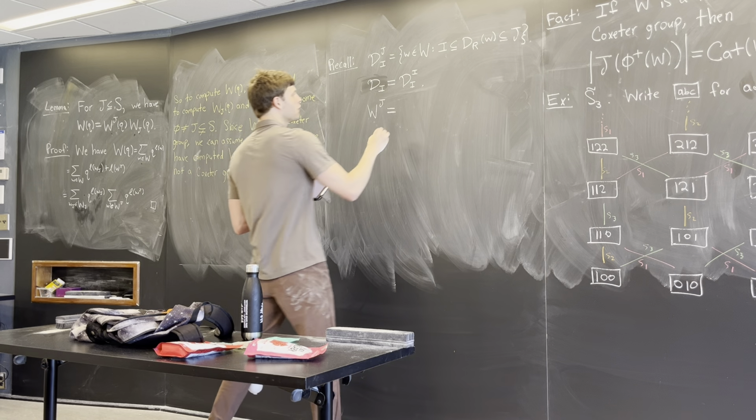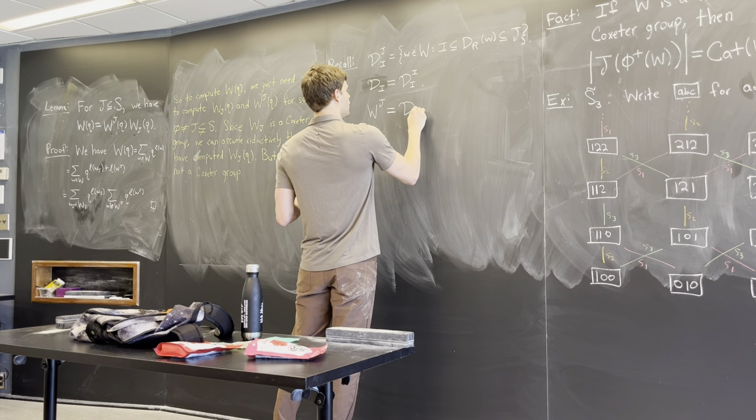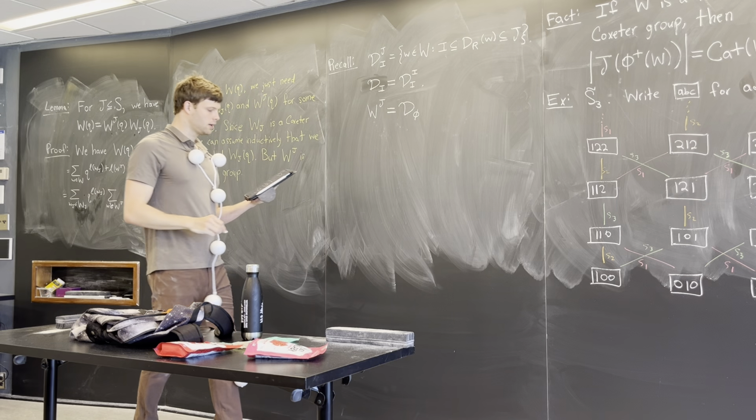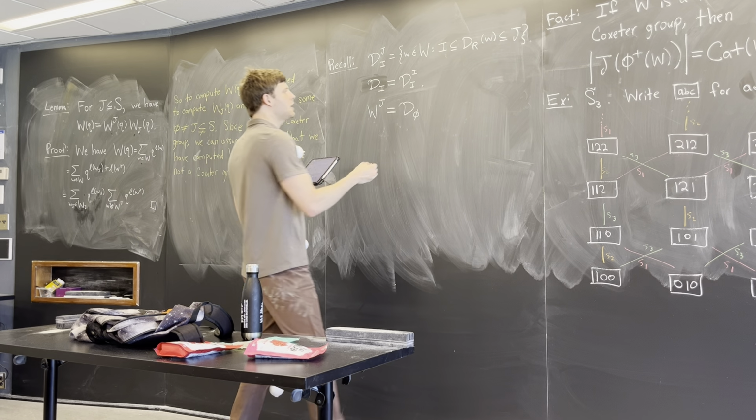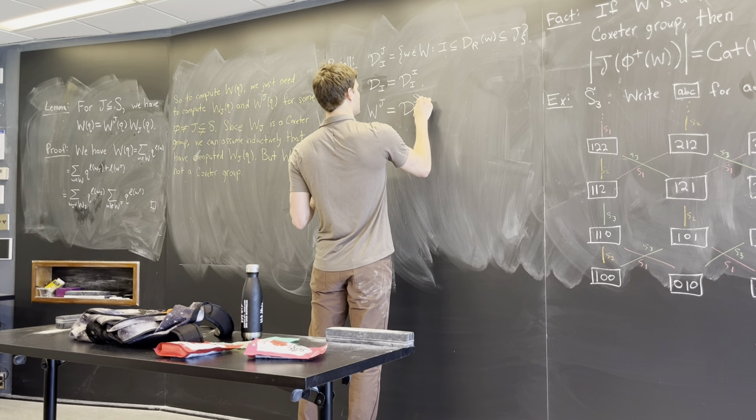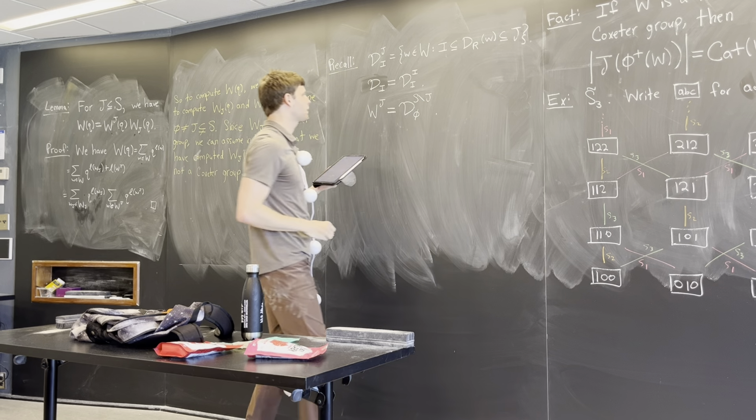Concretely, it was just the set of things whose right descent set is contained in the complement of J. Okay?